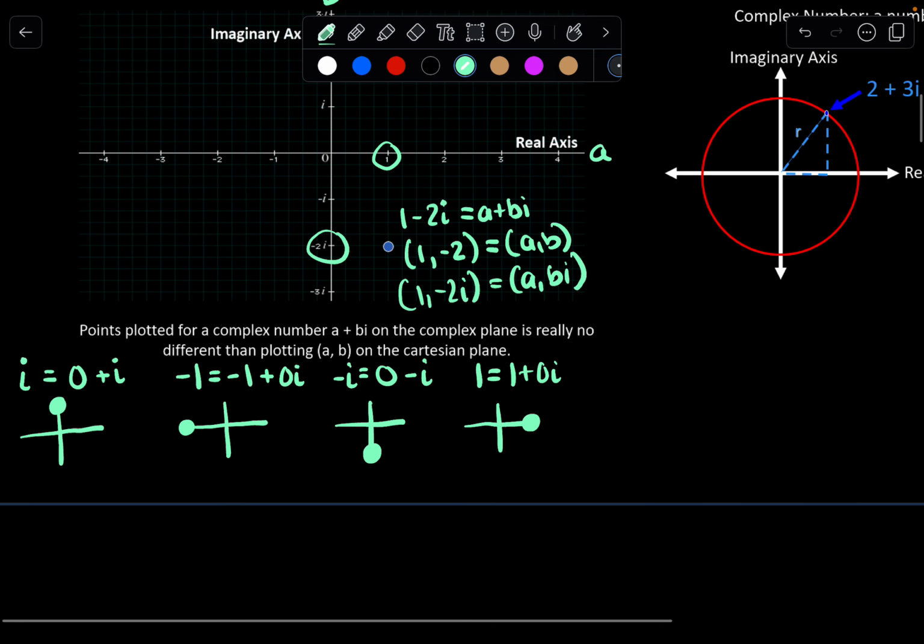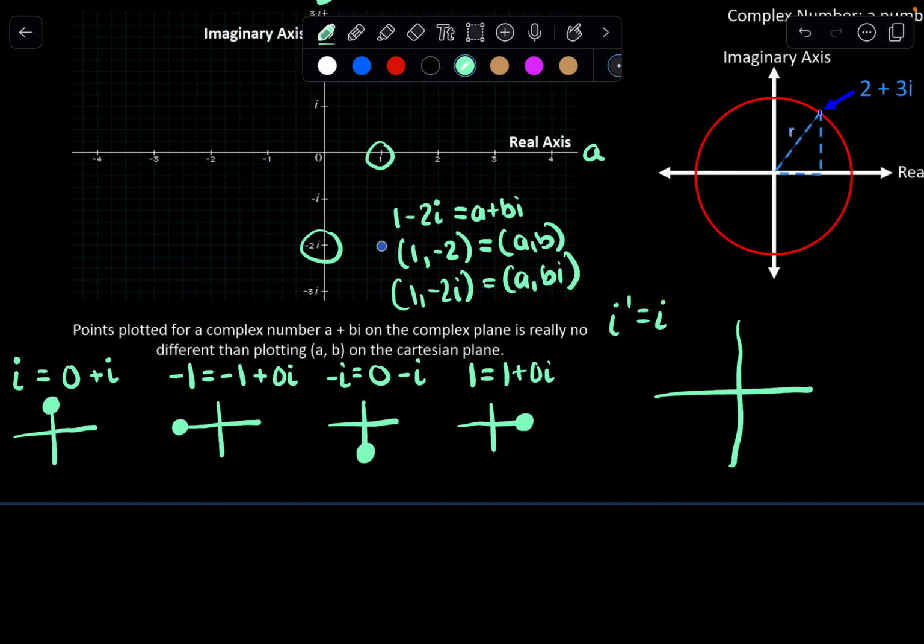So if I think about these 4 points that I just plotted, you should see a relationship. If we think about i to the power of 1, that's just going to be i, which will be here. We're going up 1. And then if I do i squared, that is going to give us negative 1, which means our point will be here.